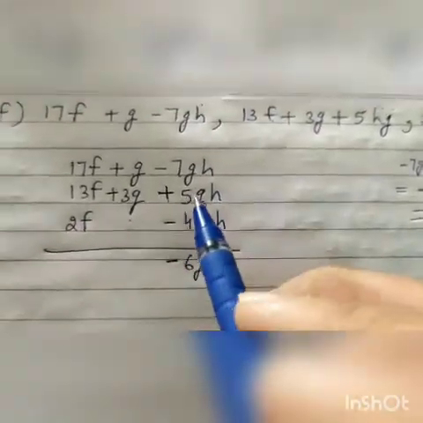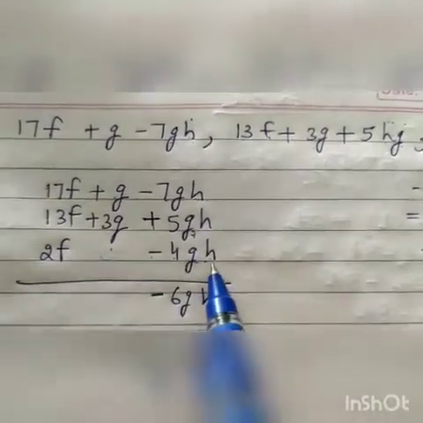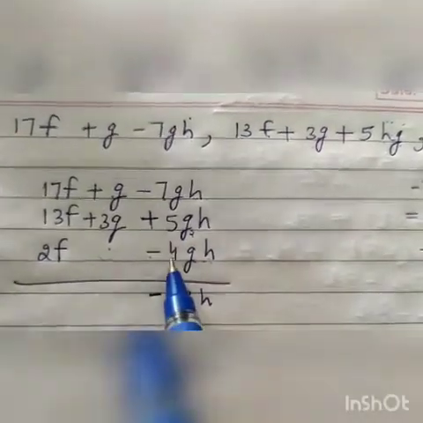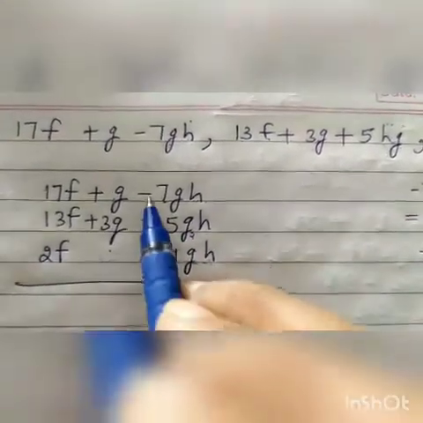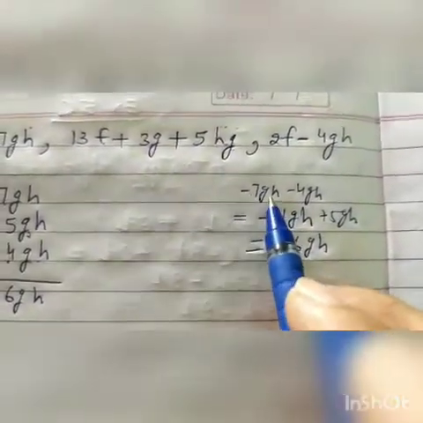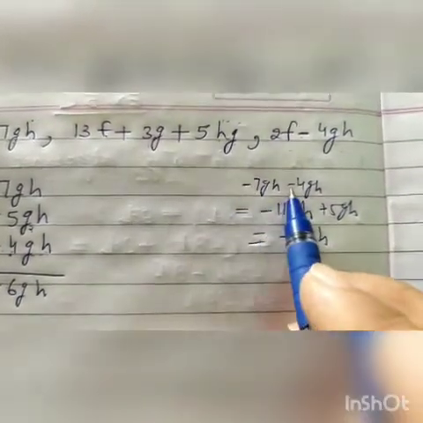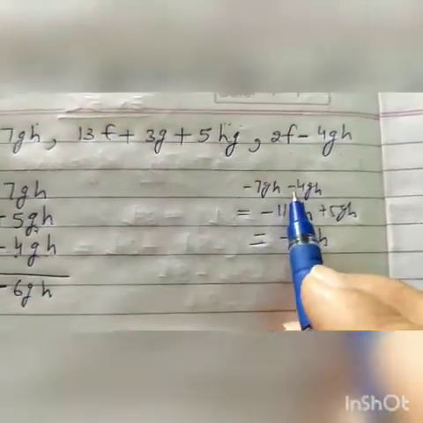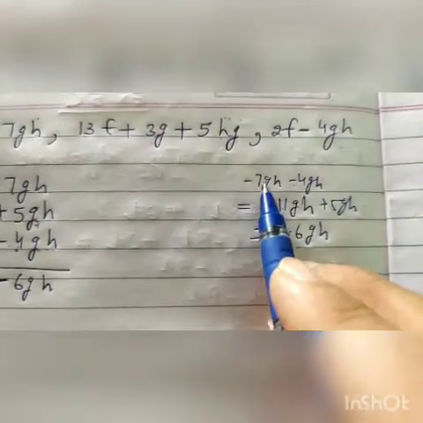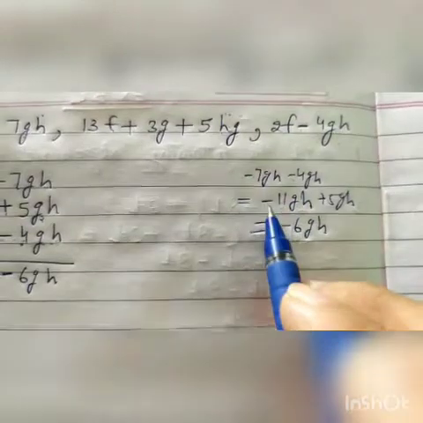Again, see it again, minus 7gh and minus 4gh. Both are minus signs. When two signs are same, then we will add their numerical values. We will add 7 and 4, it is 11 with minus sign.